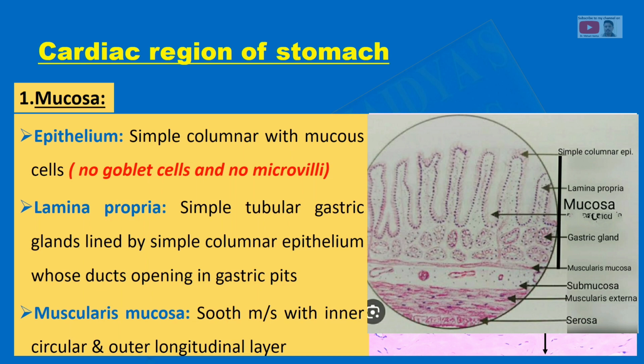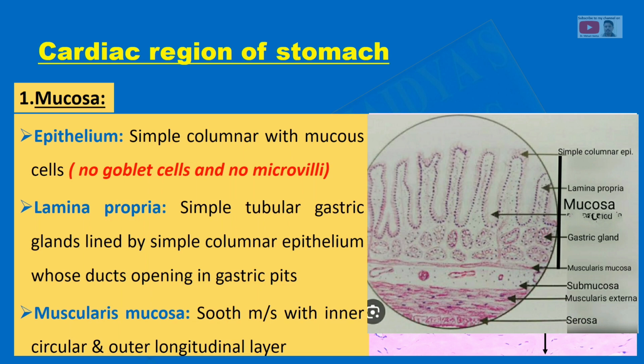The lining epithelium is a simple columnar epithelium with mucous cells. Here you can see the cells are simple columnar cells, and in between these cells we can see a space known as the mucous cells.